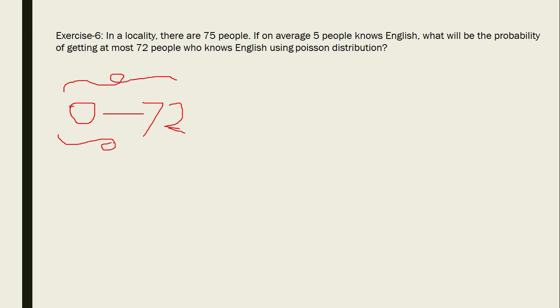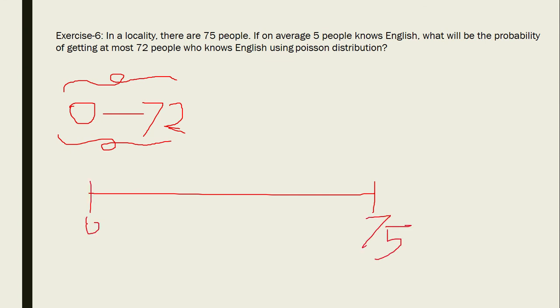This range is quite big, right? It is quite a large range, but you can see that the number is till 75, right? This is 0, and then let's assume there are some numbers, then 72, 73, 74 and 75, right?